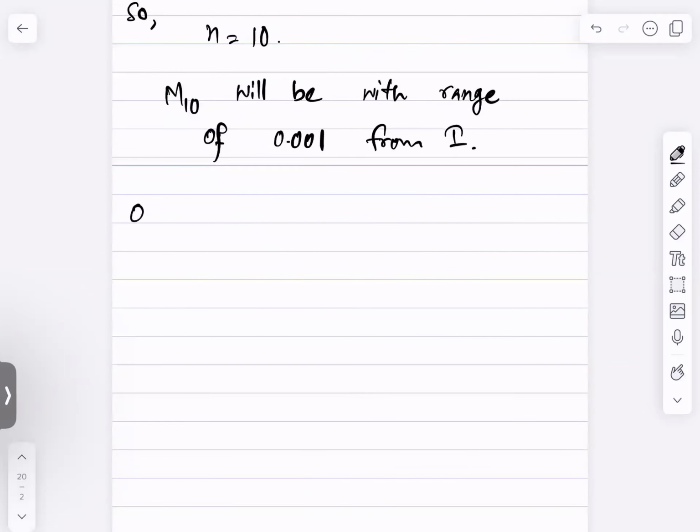Cool. So let me solve this exact same problem for Simpson's rule. So the question is, what about Simpson's rule for the same problem?